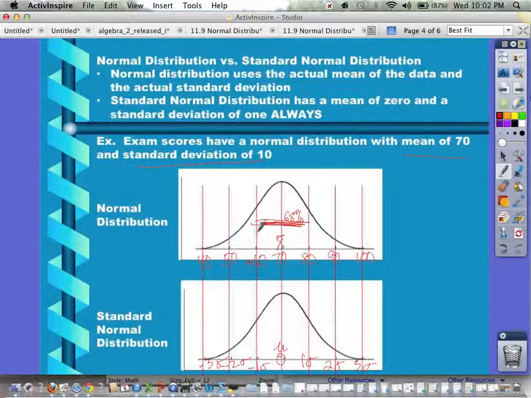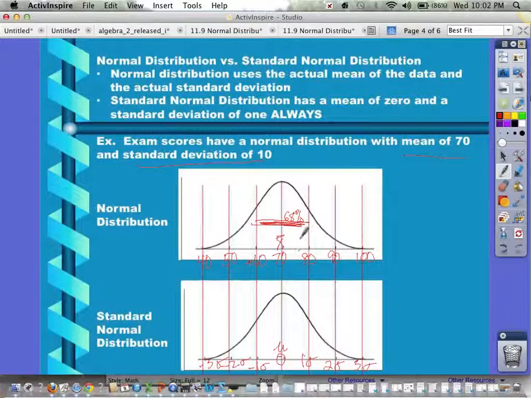So if I had a score of 60, that would mean I am 1 standard deviation below the mean, if you're talking about a standard normal. Do you see how it works? If I'm talking about a score of 90, that would mean I am 2 standard deviations above the mean. That would mean that you are 2 standard deviations above the average in the class. So if you're on this end, you're pretty much above average, and if you're down here, you're a little below or very below. So it lines right up.